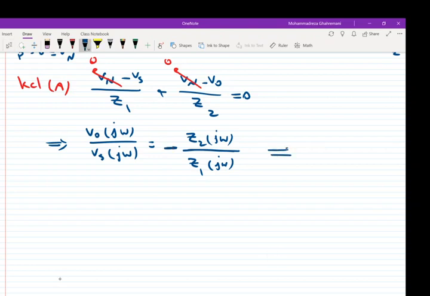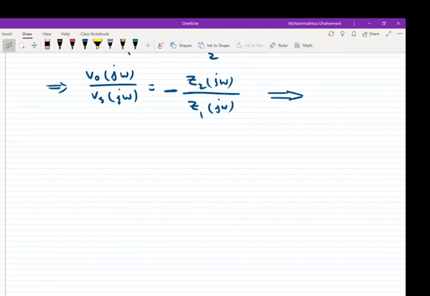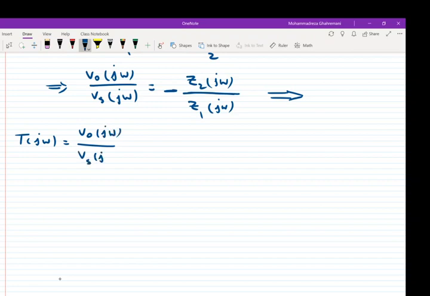As a result, we can say T of j omega is equal to Vo of j omega over Vs of j omega is equal to negative.